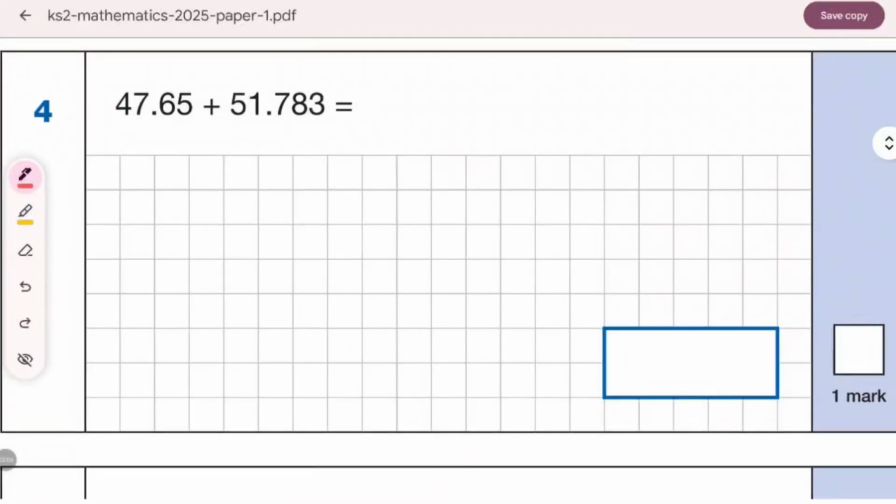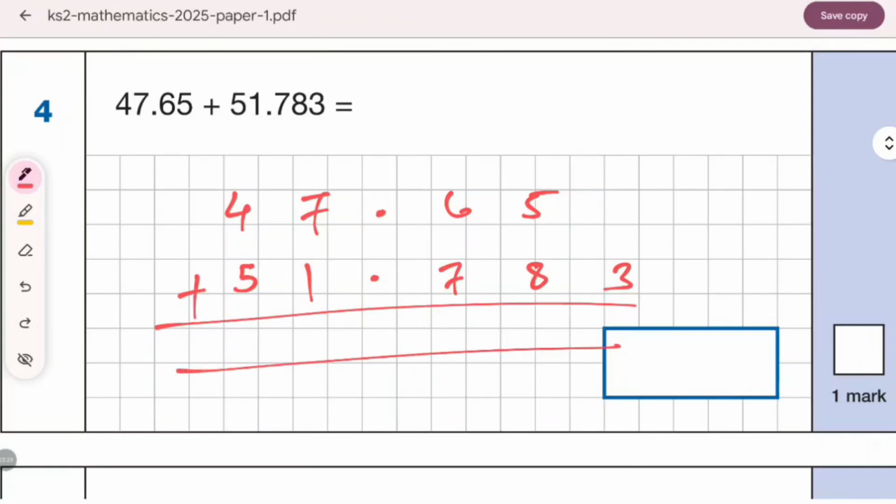In question number 4, we just need to find the sum of 47.65 and 51.783. To solve this question, we will use the column method. So we have 47.65, and the second number is 51.783. Now we will simply add them.